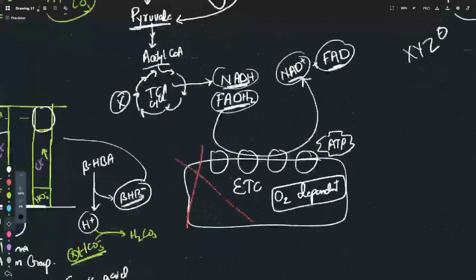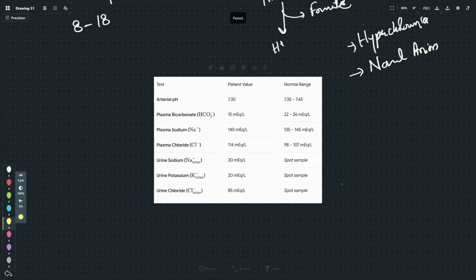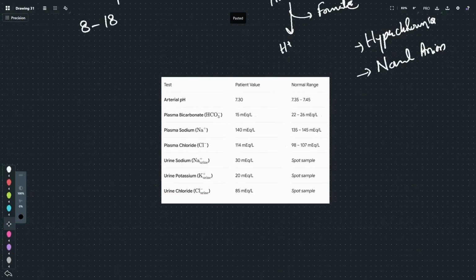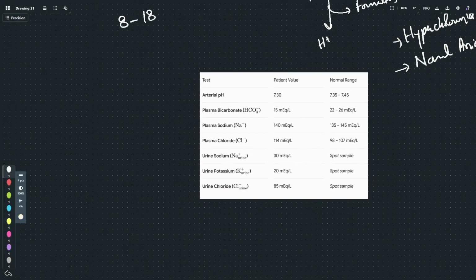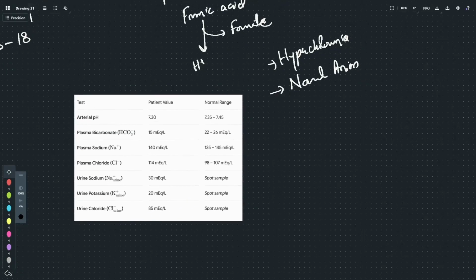Now if we come to our case scenario here, which one is this? Can we calculate this? To calculate the plasma anion gap, let's take these values. Sodium is 140, bicarbonate is 15, chloride is 114.